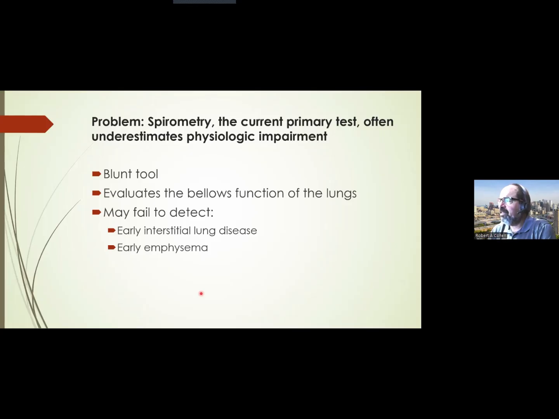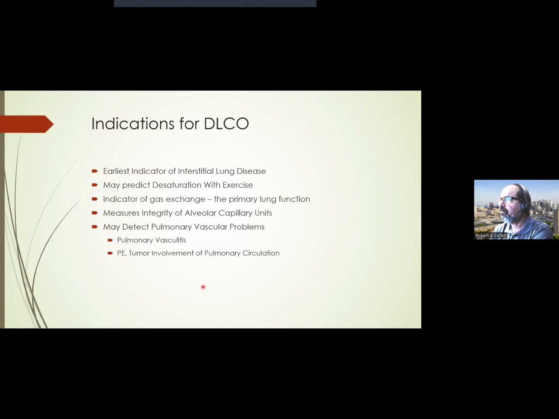Pneumoconiosis is an interstitial lung disease, and that may not be detected until somebody has significant restriction or damage to their lungs, so that their spirometry goes below the lower limit of normal, which is quite a wide range. And it isn't at all useful in detecting emphysema until someone develops obstruction.